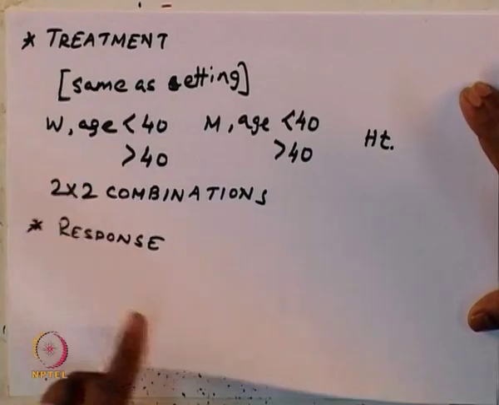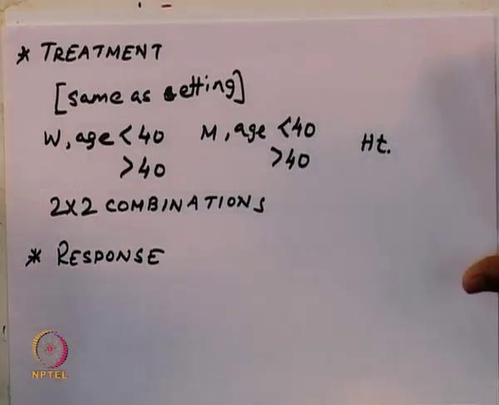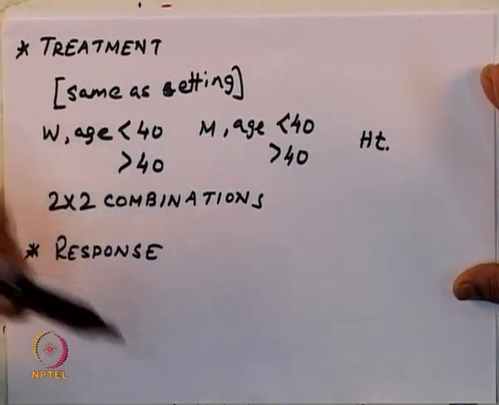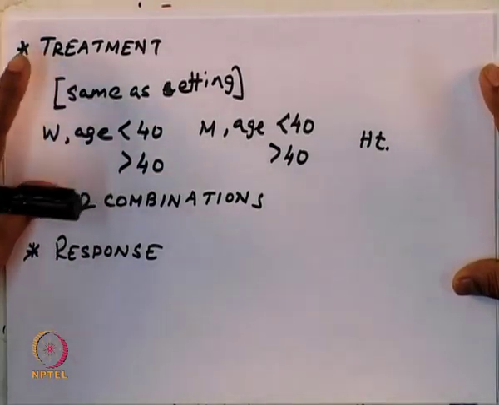So, ANOVA allows you to try to understand the role or effect of each of these individual factors on the overall variability in the population.